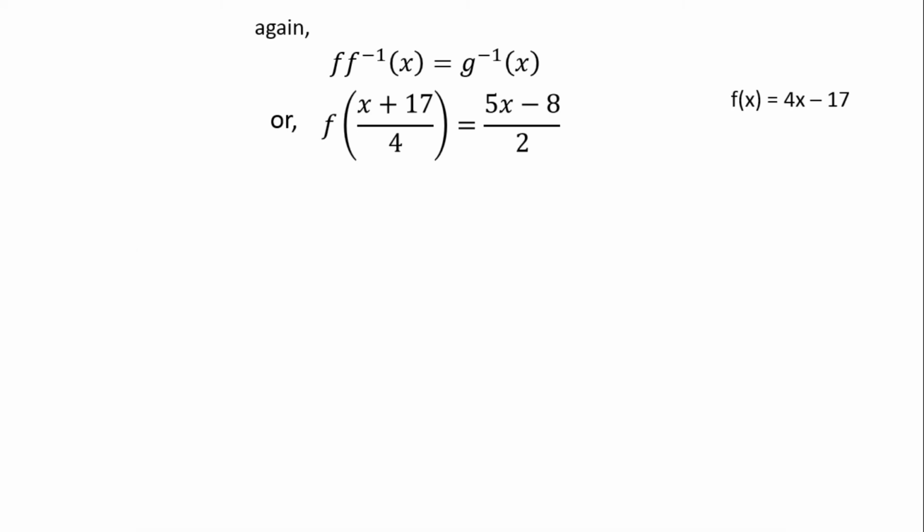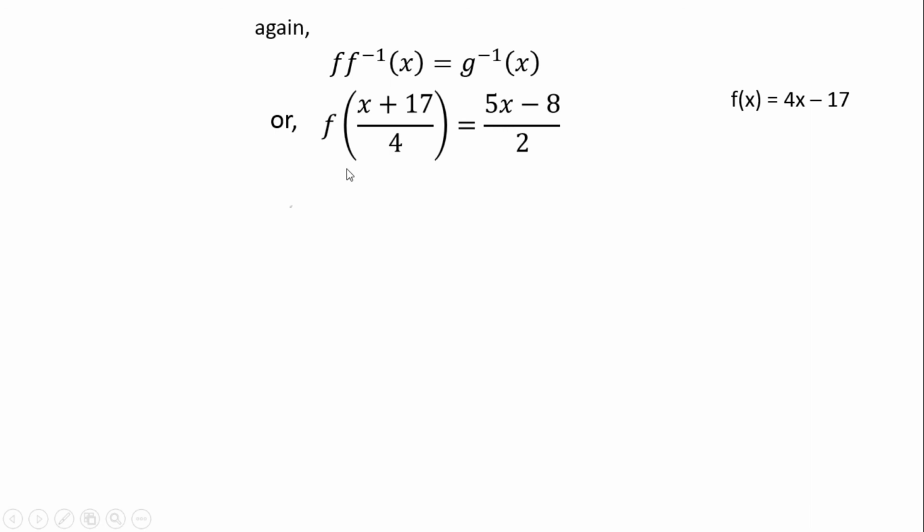Okay, so after that now we have the new function f, and the bracket value is there and equals to the other values there. So this one we have to take as f(x). The function f(x) is given by 4x - 17. That means this bracket value will be the value of this x. So simply in this function f(x) we have to replace this x by its bracket value.